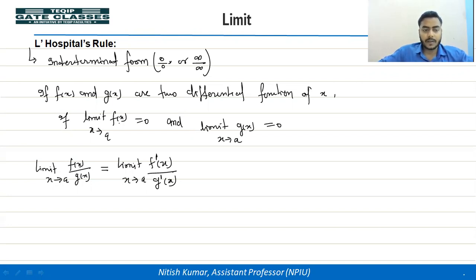So when limit of function fx when x goes to a is 0 and limit of function gx when x goes to a is 0, then this form is 0 by 0 form.